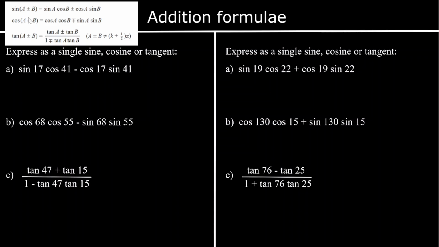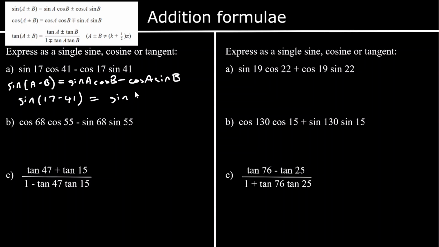So we're going to have sine A minus B. Sine A minus B is sine A cos B minus cos A sine B. So we're going to change A into 17 and B into 41. So it's sine(17 minus 41), which will be sine negative 24.